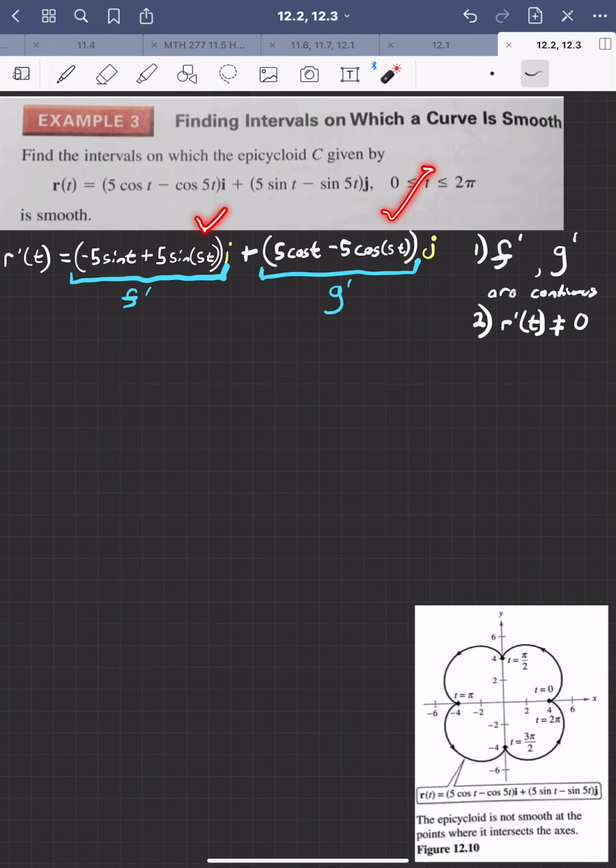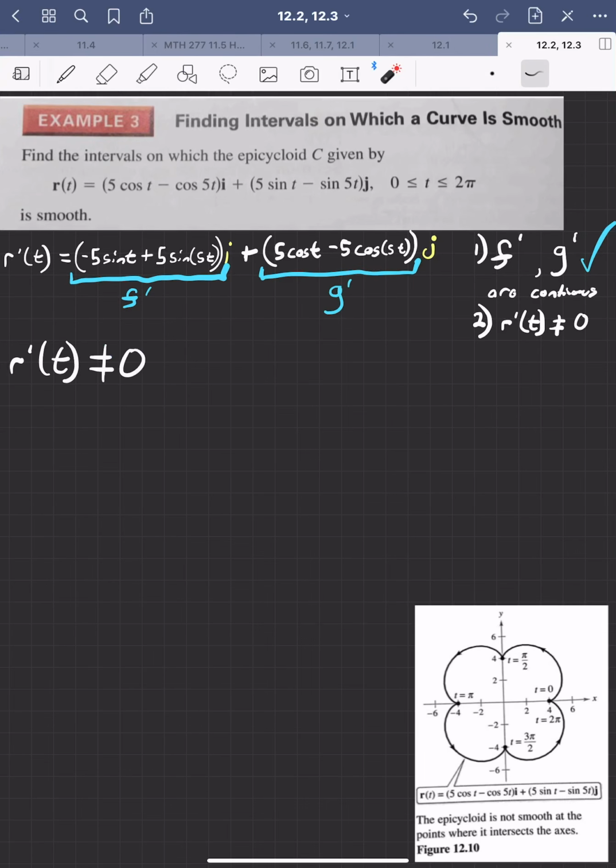I've already practiced that skill in the previous video, so I will state that they are continuous. Let's check that off. And now that second criteria: r prime of t does not equal 0.